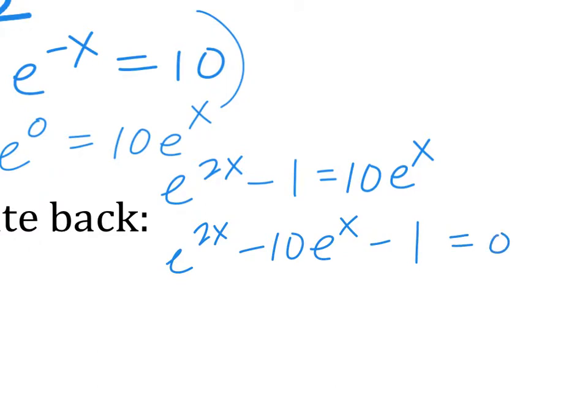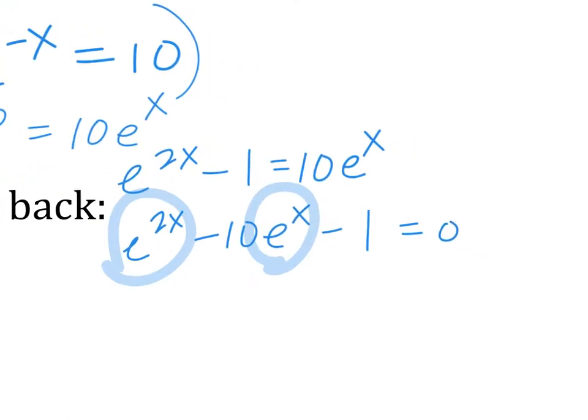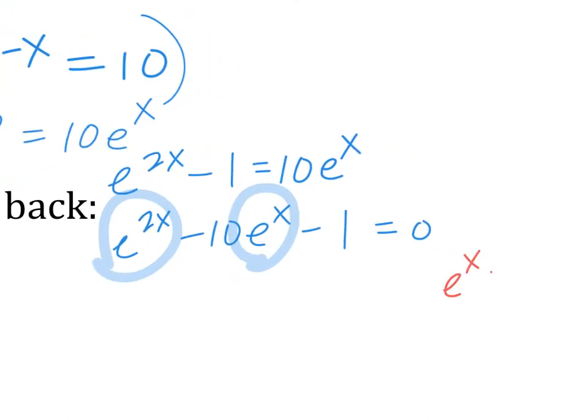All right, now if you look at this, this is basically a question of e to the x squared, e to the x and something. So recall algebra 2, e to the x is a. So we have a squared minus 10a minus 1 equals 0. Basically, it's a quadratic equation.